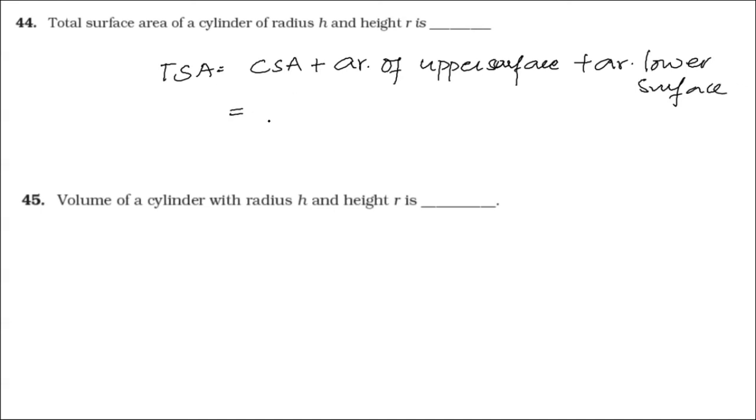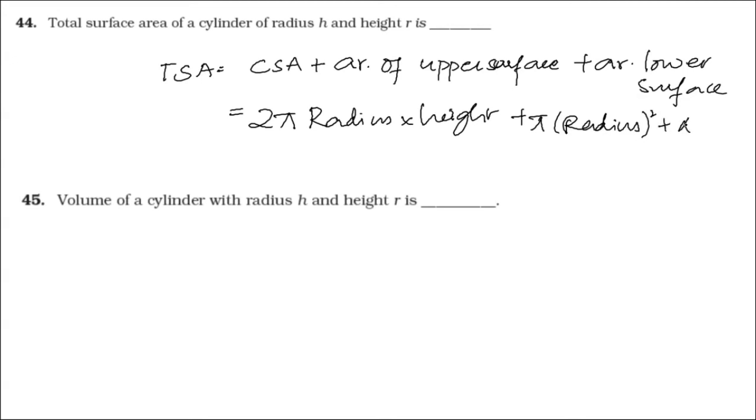The curved surface area is given by 2 pi multiplied to radius into height plus area of the upper surface is pi times of radius square plus pi times of radius square.